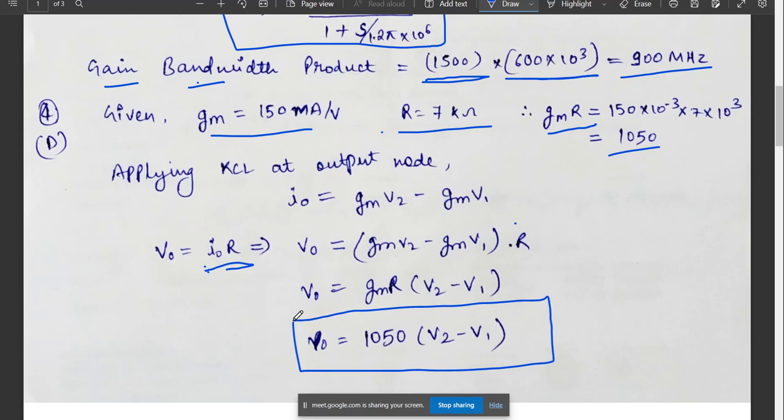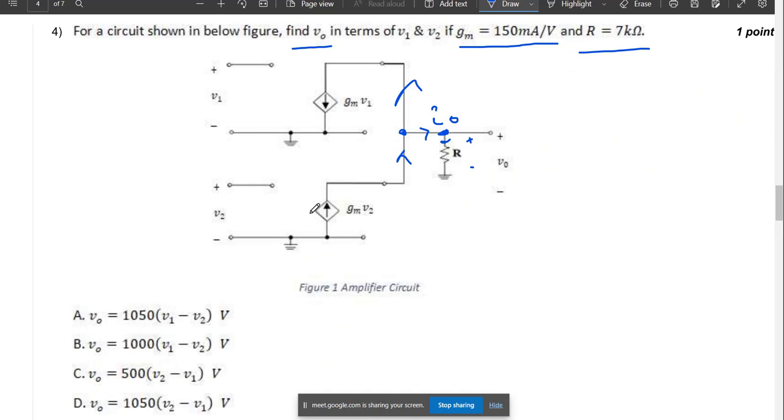Any doubt here? This circuit is working like a subtractor. One input voltage is given here, another input voltage is given there, and it is subtracting V1 from V2 with some gain, right?